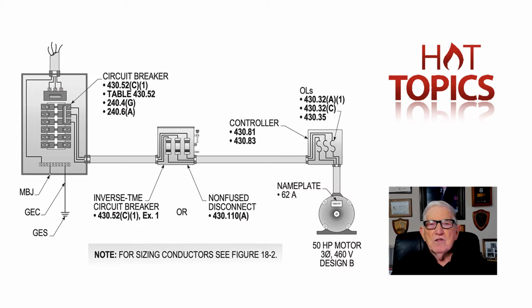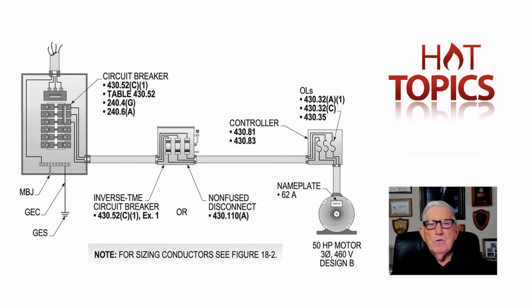The percentages that we would use for say a non-time delay fuse, or say a time delay fuse or instantaneous trip, or an inverse time circuit breaker are listed there. So a non-time delay fuse, instantaneous trip, and inverse time circuit breaker is listed in the table based upon the design letter and the type of motor that's outlined there.